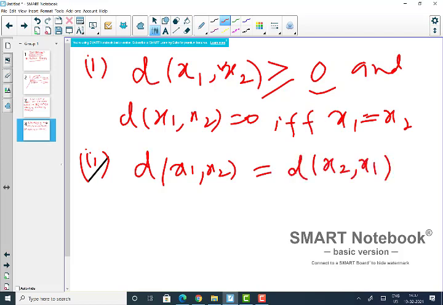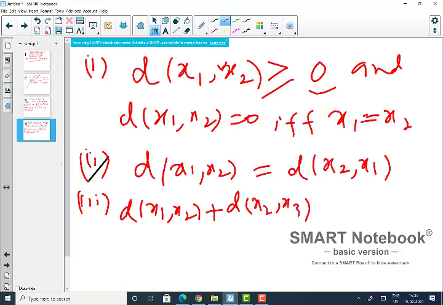And the third but most important property is called the triangle inequality. It tells you that when you go from one point x1 to another point x2, this distance plus the distance from x2 to x3, another point, is always greater than or equal to the distance from the first point to the third point.